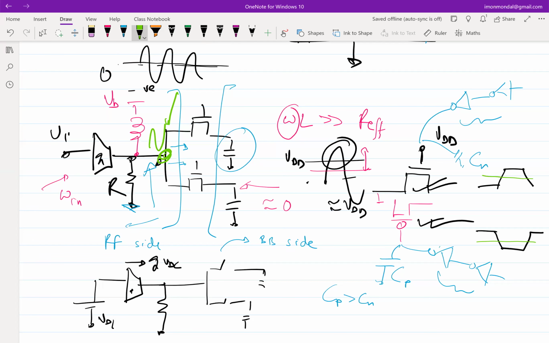Because of device mismatch and variations in process, they will always be off, which essentially means that these two devices are never going to turn on at the same time. So if two devices are not turning on at the same time, in a mixer, in this particular topology, what can be a potential problem?